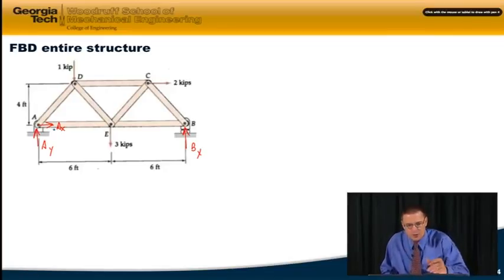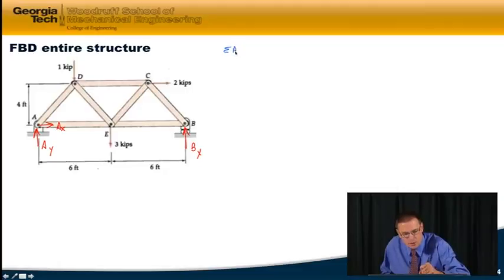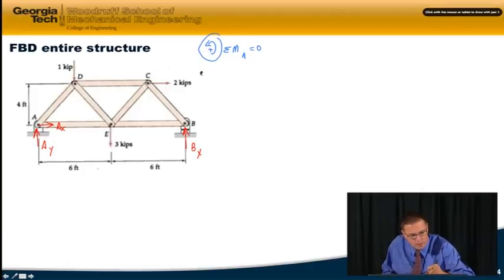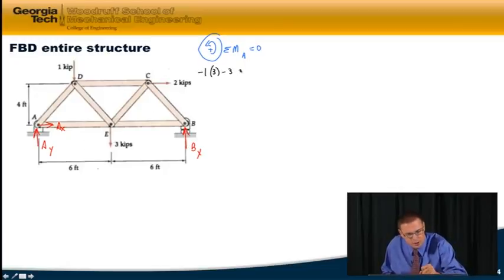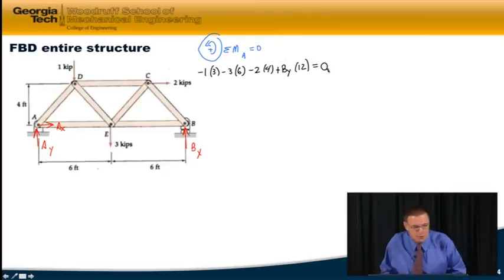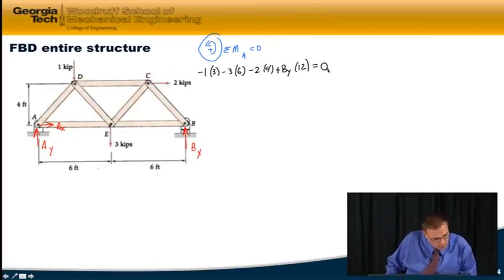So let's begin by summing the moments about A, setting it equal to 0. I'll call counterclockwise positive. I'm going to have -1 times its moment arm, which is 3, -3 times its moment arm, which is 6, -2 times its moment arm, which is 4, plus BY times its moment arm, which is 12, and that's going to equal 0.